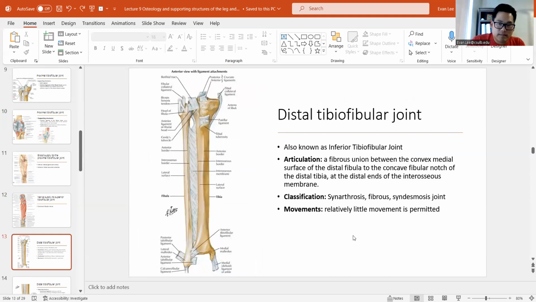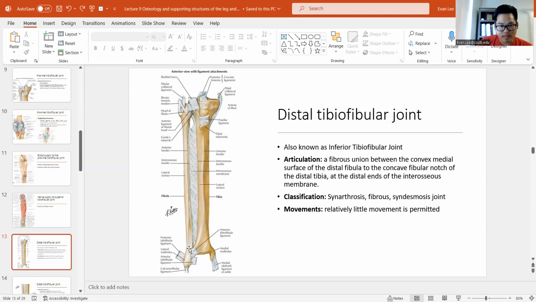Now, the distal tibiofibular joint is a little different. For the most part, it is similar in how it's organized, but if you look closely, it's between an interesting part of the tibia and the fibula. The tibia makes sense: you have the fibular notch of the tibia, but then it's mostly attached to the shaft of the fibula.